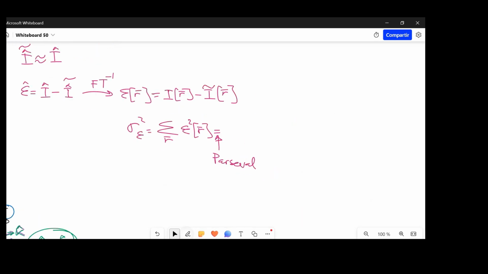By Parseval, this is the integral over all frequencies of the squared magnitude. Remember that. So this is simply saying the energy in real space is equal to the energy in Fourier space.